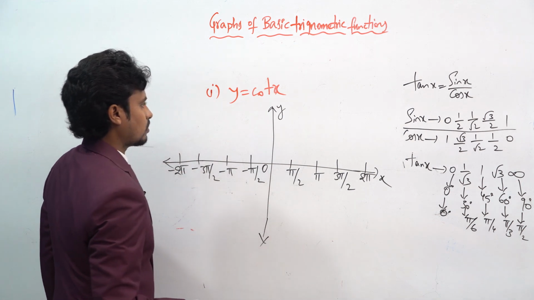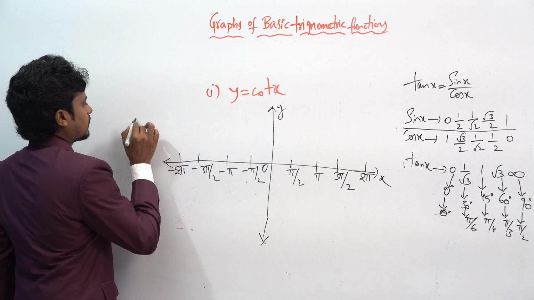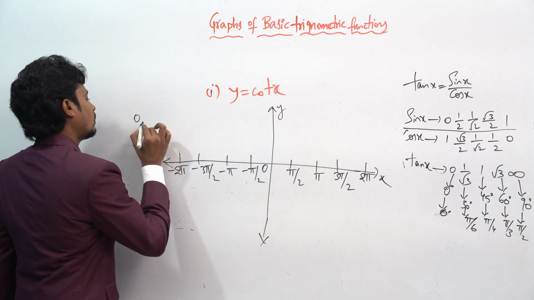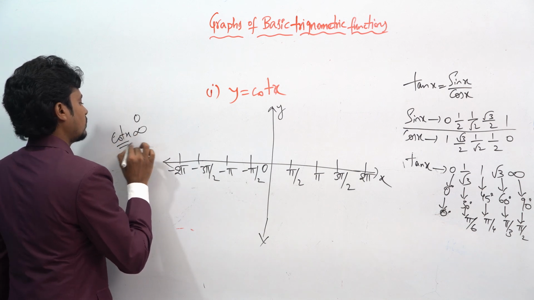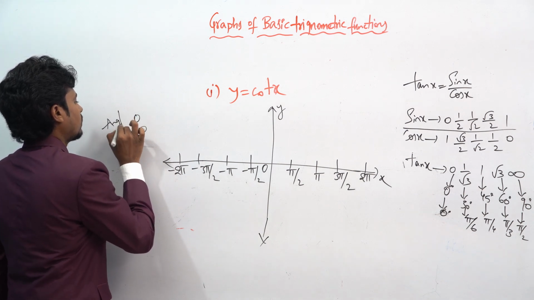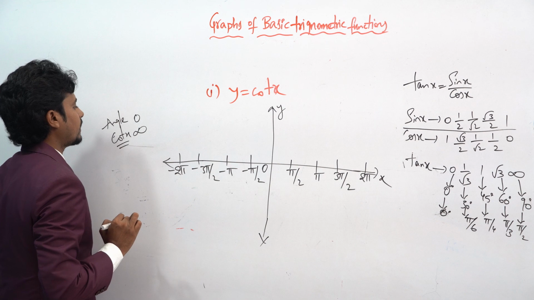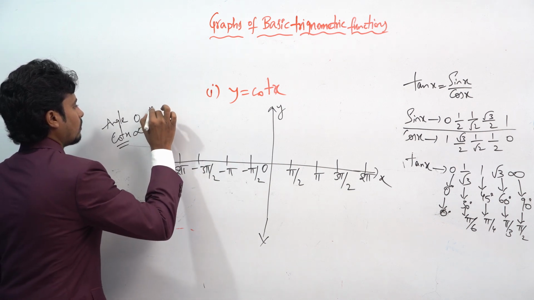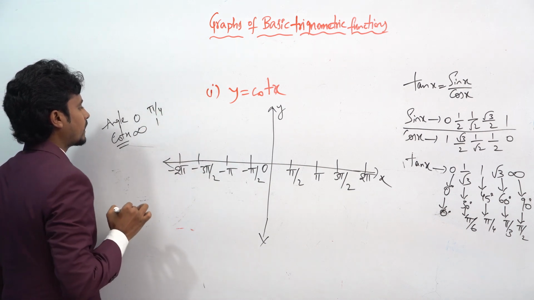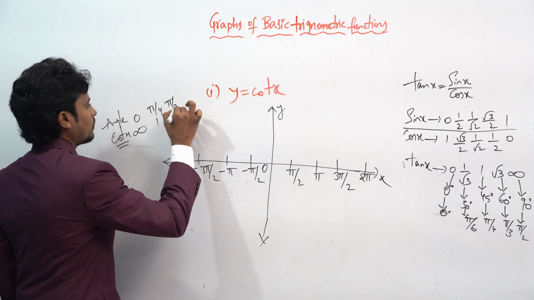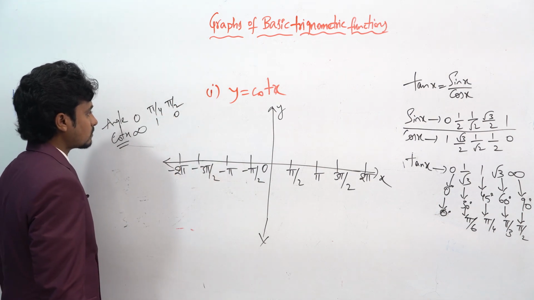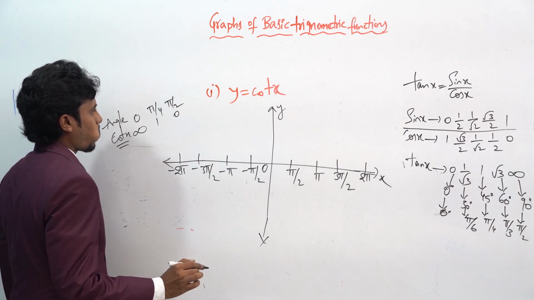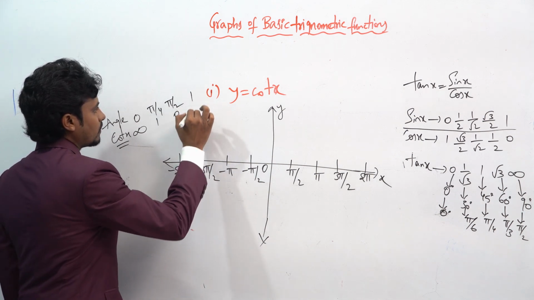Okay, so at 0 what will you get? Cot x, you will get an infinite, right? And what will happen at pi by 4? You will get 1. At pi by 2, you will get 0. And next at pi, how much will you get?